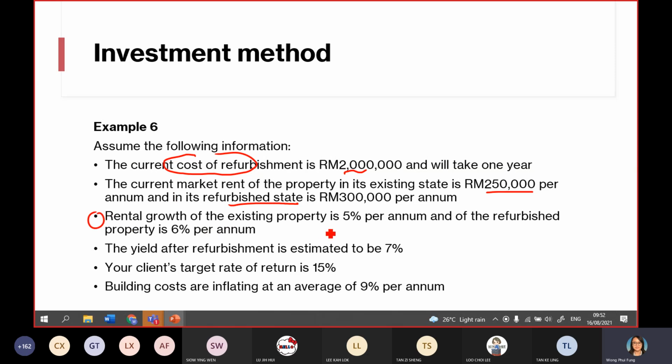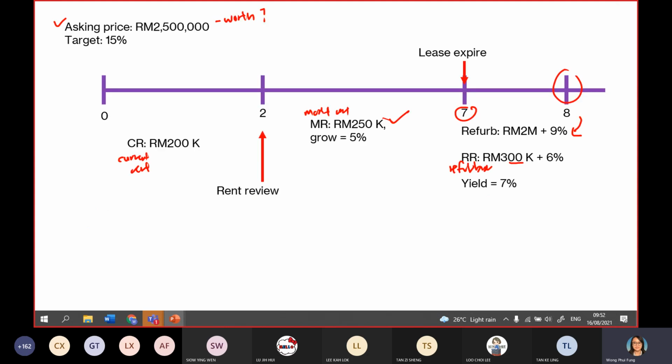Rental growth of the existing building 5%, refurbished 6%. Okay, what does it mean? Grow 5% here, grow 6% here. Because this value is in the future, we estimate that perhaps we'll have inflation or fluctuation. So we allow 5% for this one, 6% for this one.